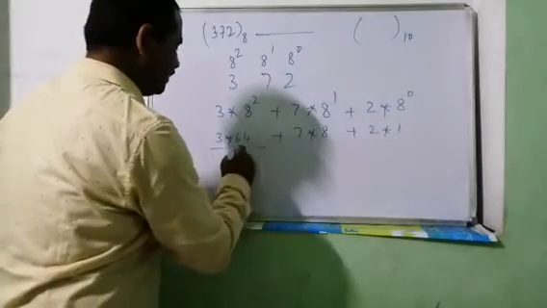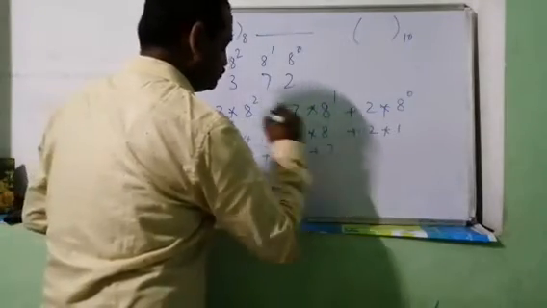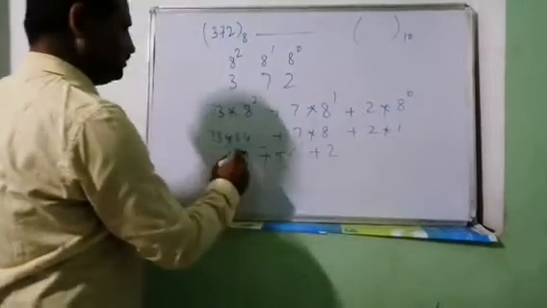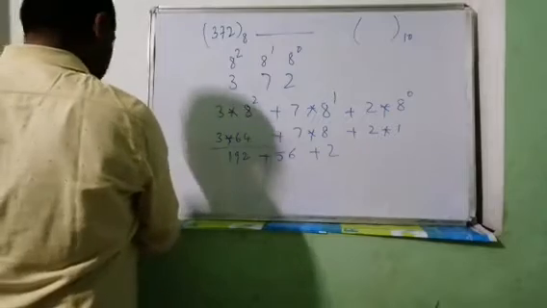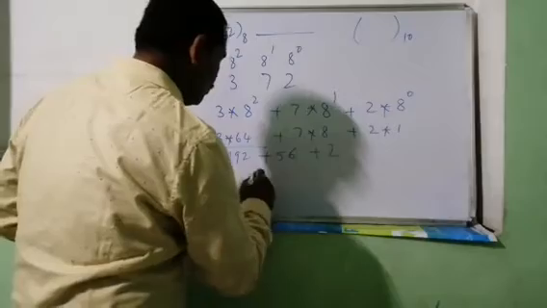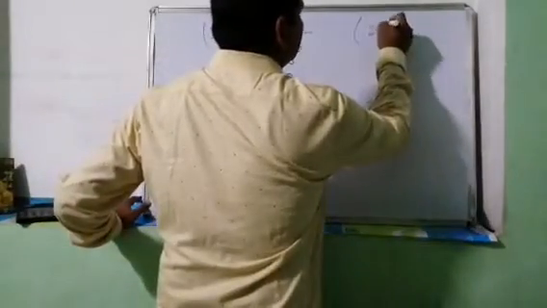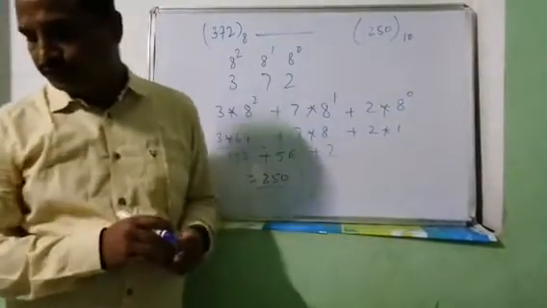So this will be 192 plus 56 plus 2. To add all these, 192 plus 56 plus 2 will be 250. And this is the decimal of 372.